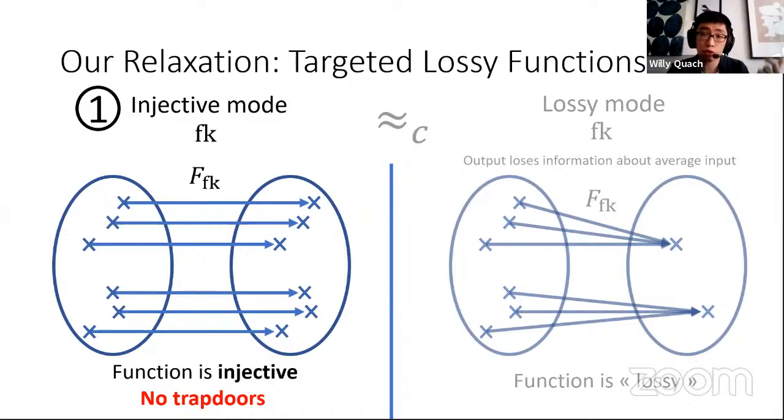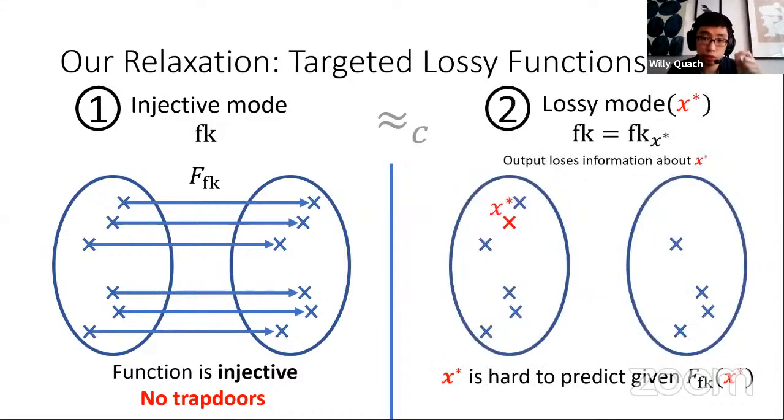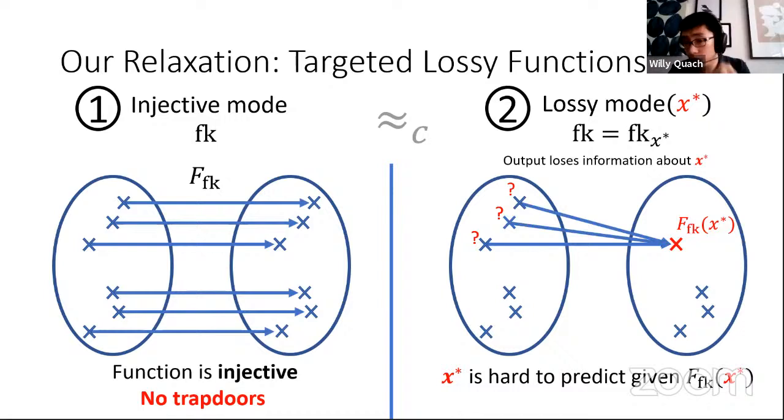But we also relax the requirement on the lossy mode, and the lossy mode will be targeted. What do I mean by that? The lossy mode will take as input a particular target that I will call X star. The application of the function should only lose information when starting from X star. Again, if I start from X star, I apply the function, and I give you the output of the function, then it should be information theoretically hard to tell what was the particular X star I started from.